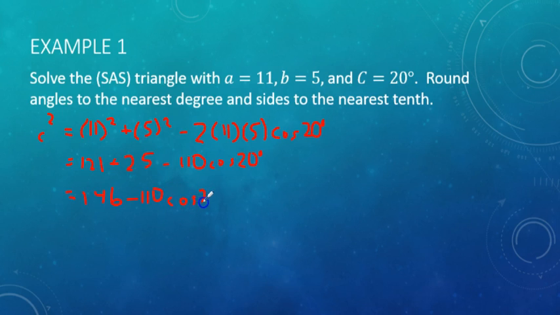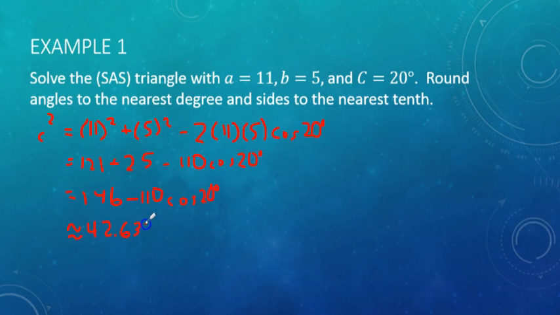And this is where I'm going to actually have to switch to using the calculator now. So 146 minus 110 cosine of 20 is giving me an ugly decimal, and again, be very careful about this decimal value because you don't want to just round off what it equals. I'm just writing it down so that you can make sure you plug this in correctly in your own calculators.